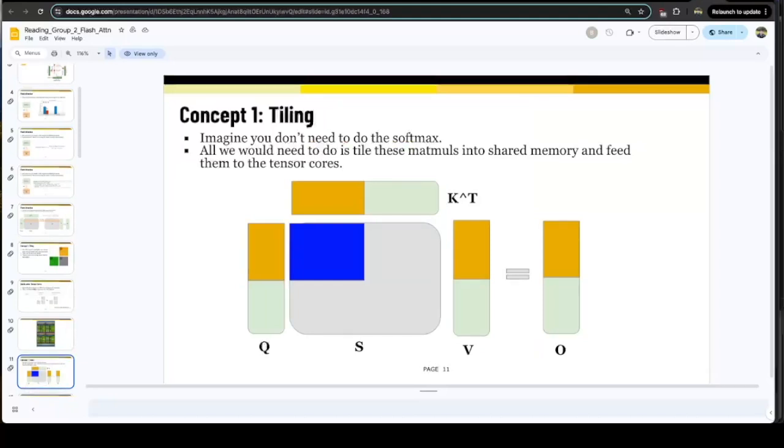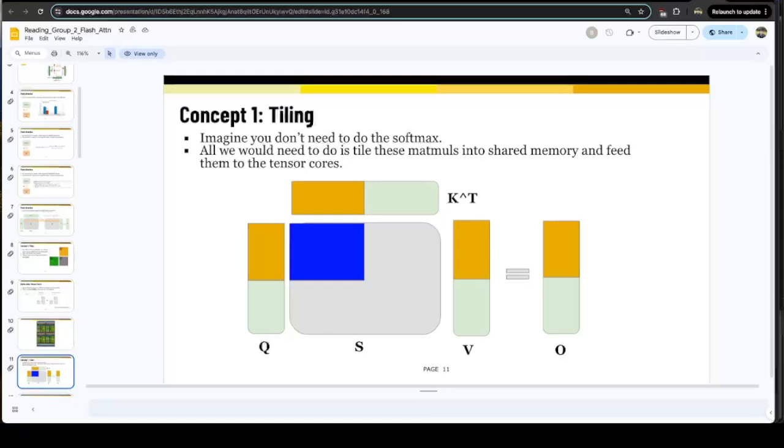All right. So imagine for a moment that you didn't need to do softmax. Softmax is going to be an annoying thing for attention. It requires that we need this whole row. Otherwise, it's actually very easy to do this whole attention computation, right? Because you would just compute a tile in SRAM and then do one more matmul with that tile with a value matrix, and then you get your output, right?